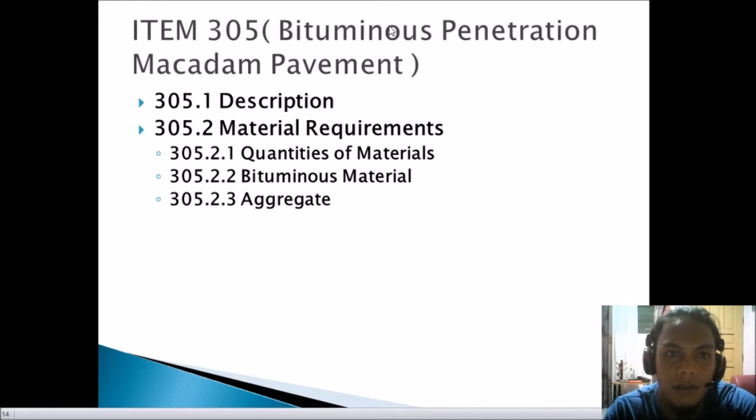First is item 305, which is Miscellaneous Penetration Macadam Pavement. Under item 305 is section 305.1, the description.